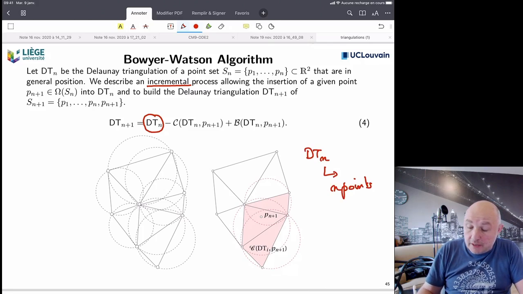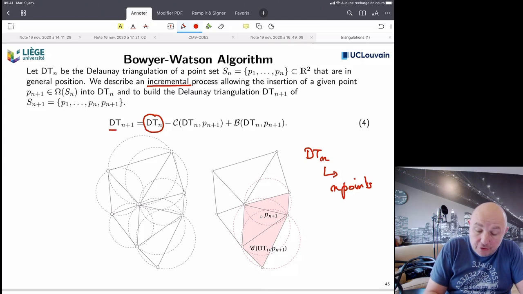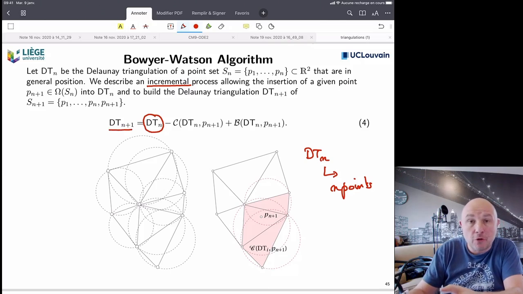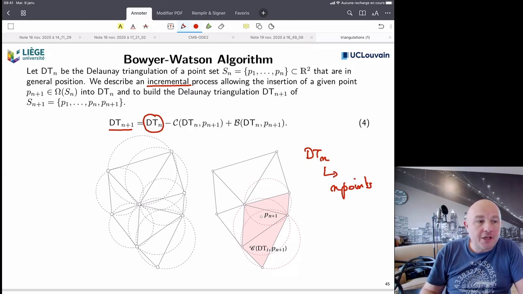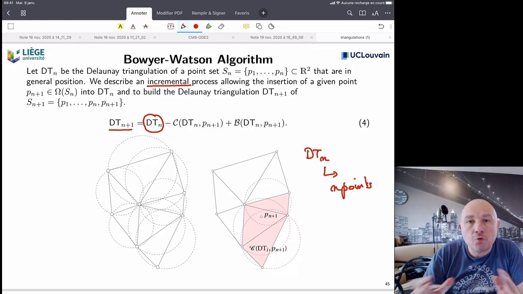And you want, in fact, to build the Delaunay triangulation of n plus 1 points, so the n first points plus a new point. So you want to add a new point in the triangulation. What I'm going to show you here is that the operation is most of the time local, essentially local.